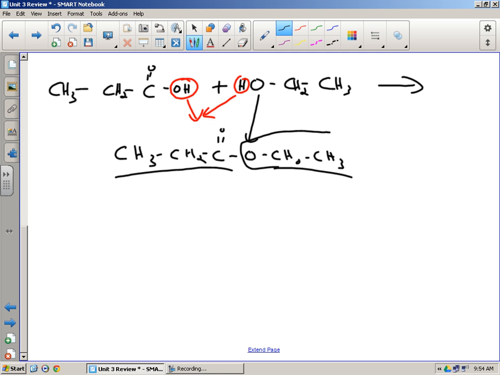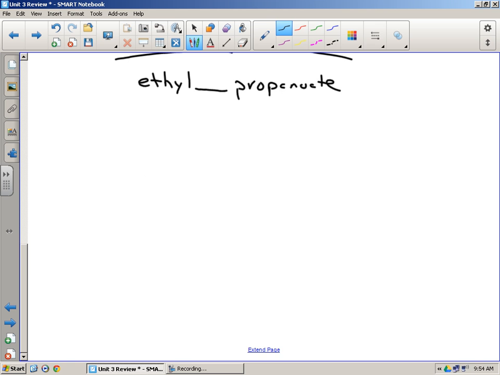So remember, when you go to name these, the alcohol part comes first, so this becomes now not ethanol, but ethyl, space, 1, 2, 3, so propanoate for that one there, ethyl propanoate, okay? So you don't have to write them all like that, but that way you can just kind of visualize it squeezing together, I guess. Might make it easier for you, I don't know, okay?